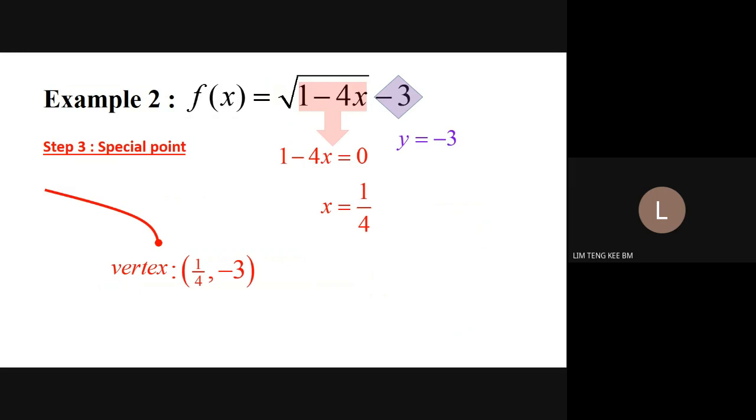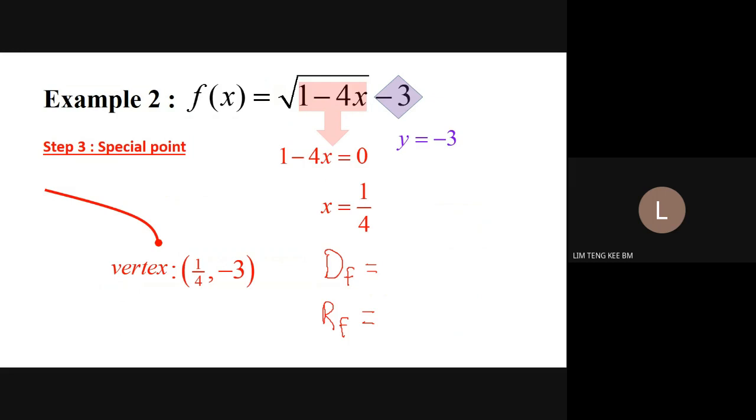Once I reach until here, guys and girls, by right, it can go on with the next step where we decide whether the x and y intercepts exist or not. Also, at the same time, by right, when you reach this step here, you should be able to observe the domain and range of the function. Without having the full graph sketched out, I can know the domain and range, based on this vertex point here.